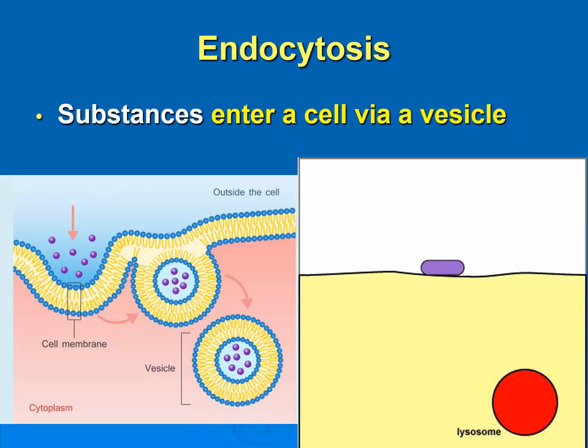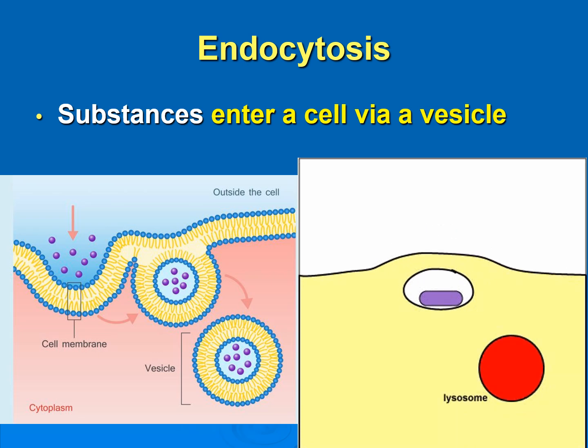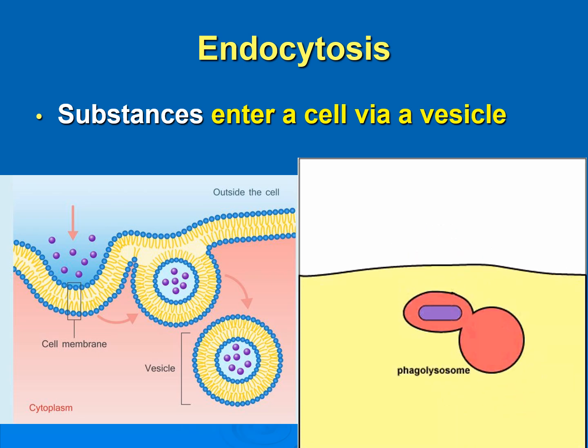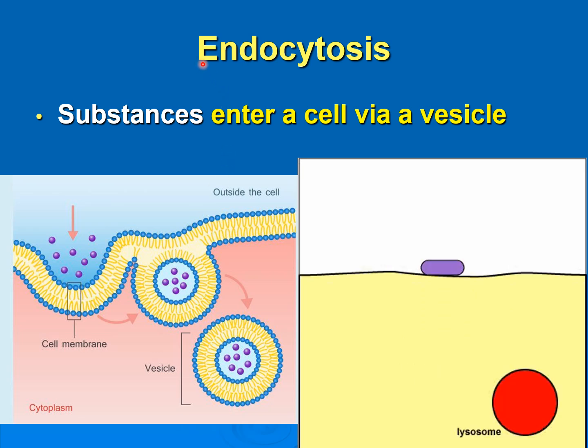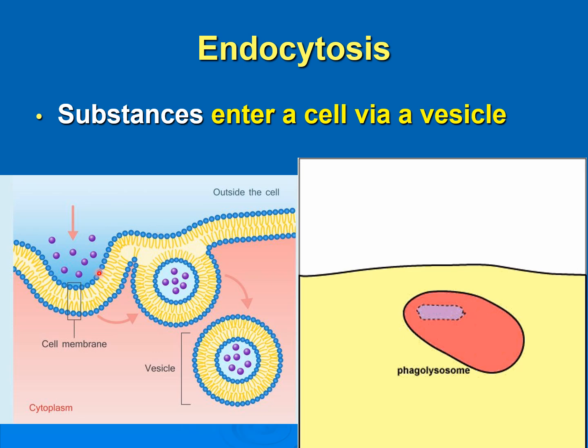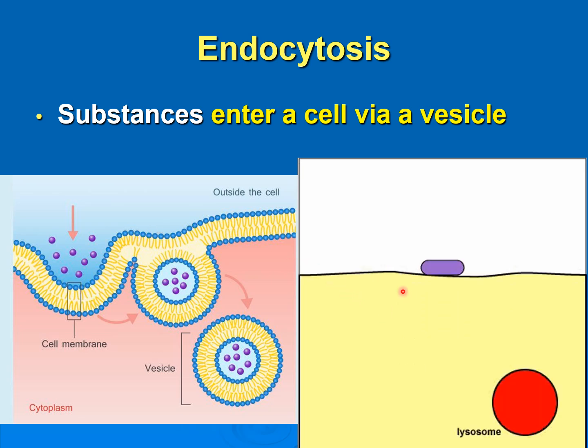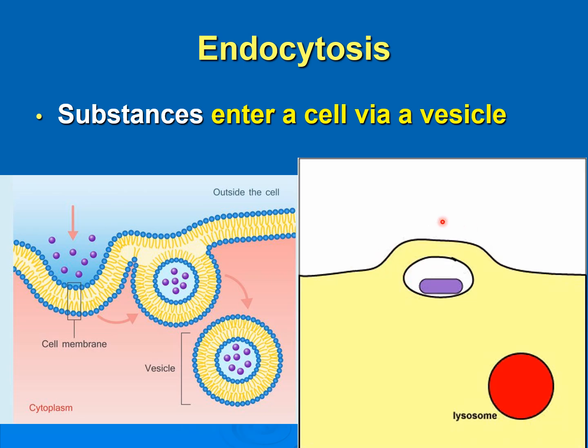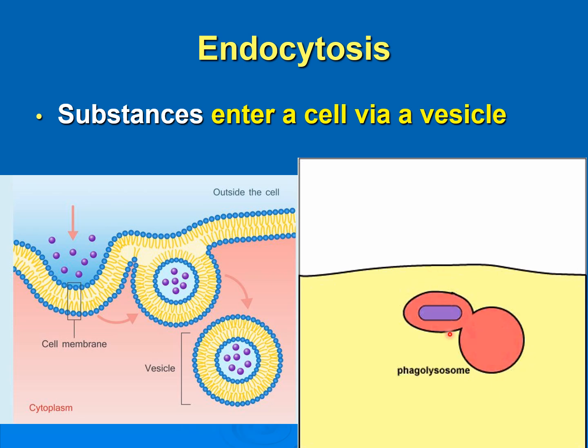Okay, and then our last two, we're going to use a vesicle, a little membrane-bound sac, to move things across the membrane. So with endocytosis, endo means inside, so we're going to be taking things into the cell. We're going to have our cell reach out and surround a particle with its plasma membrane and bring it in.